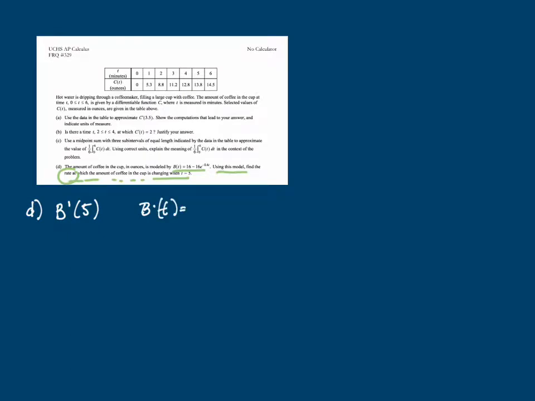So we have to take the derivative of this. No calculator, so it would be 0 minus, and then we bring the 0.04 down in front. Depends on how you want to do it, but the derivative of 16e to the negative 0.4t is 16e to the negative 0.4t times negative 0.4.